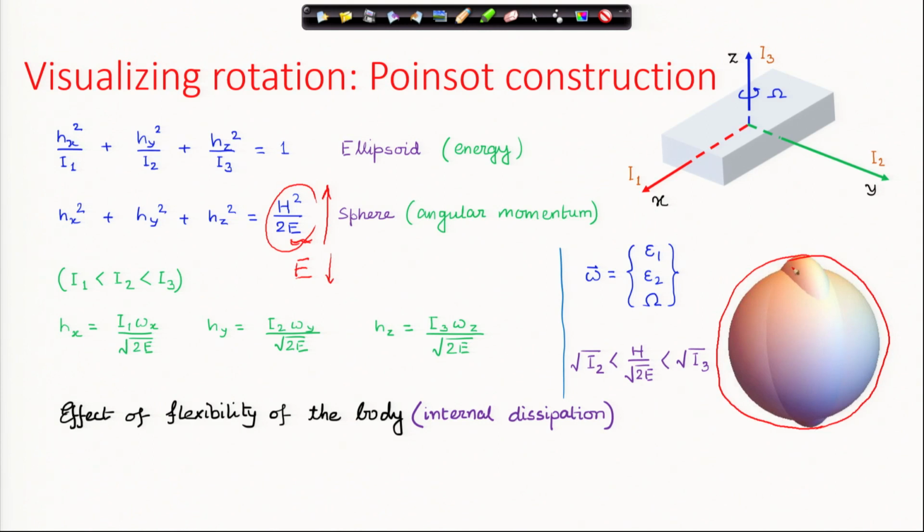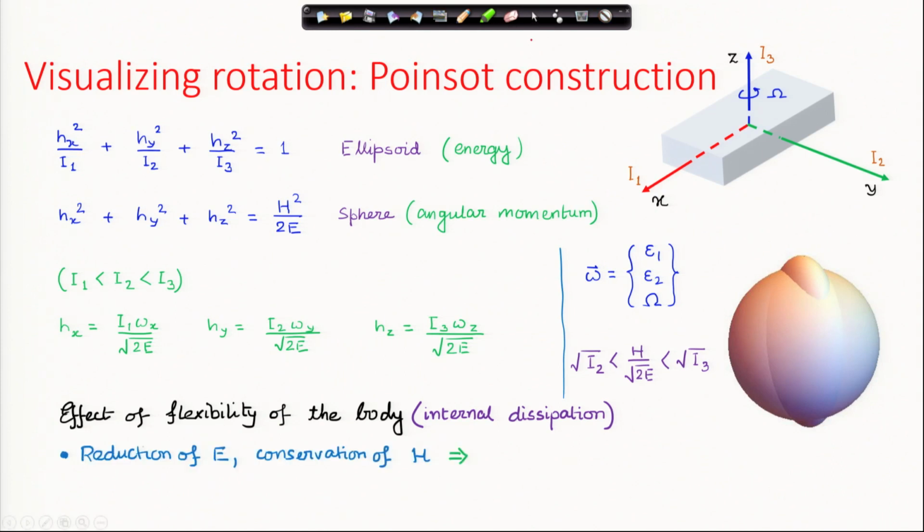The ellipsoid will be completely inside the sphere except for these two points where it will touch. So, that is going to happen, and therefore, wherever you start from, whichever spin you give, if there is a little bit of flexibility and internal dissipation, eventually the sphere is going to grow and be in this kind of precession state.